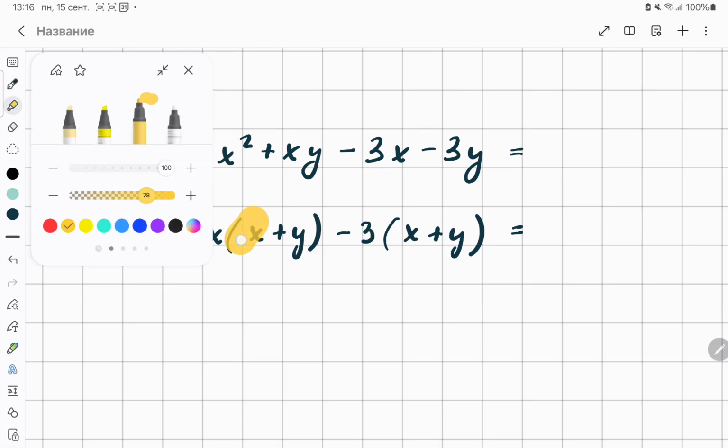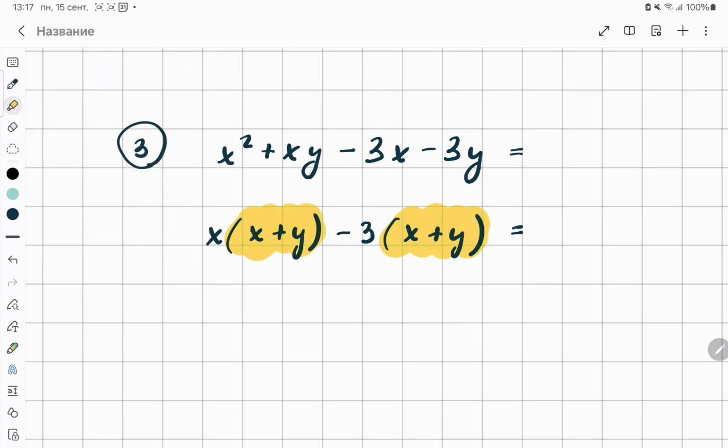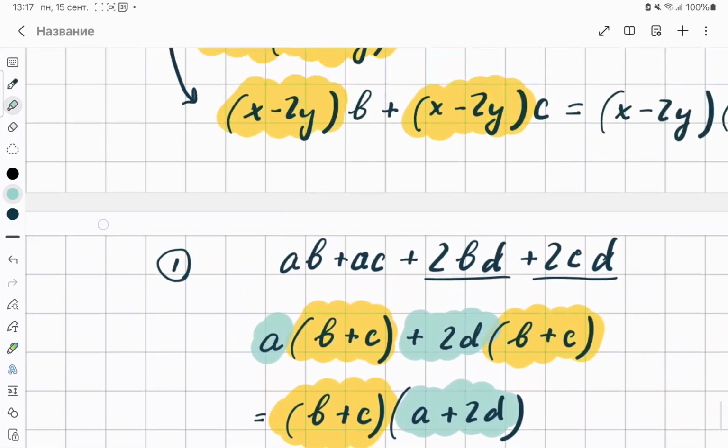And similarly our x plus y is going to be the common term, (x plus y) is the common factor, times (x minus 3). Done. Now we have factorized this expression. Okay, so that's how it works. So again we are using the distributive law, but in a more expanded form.